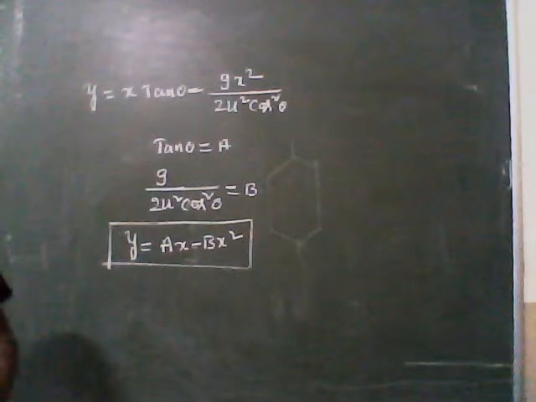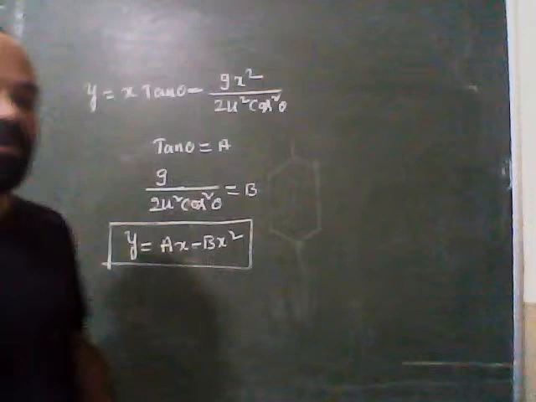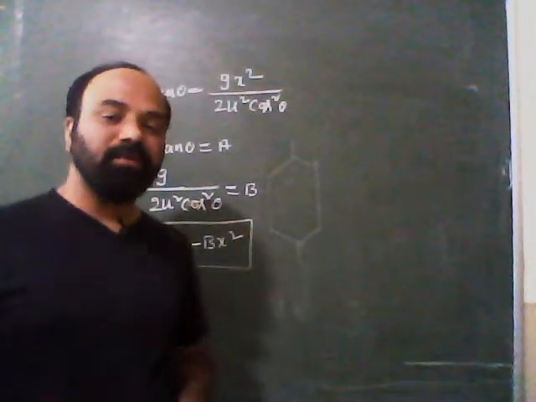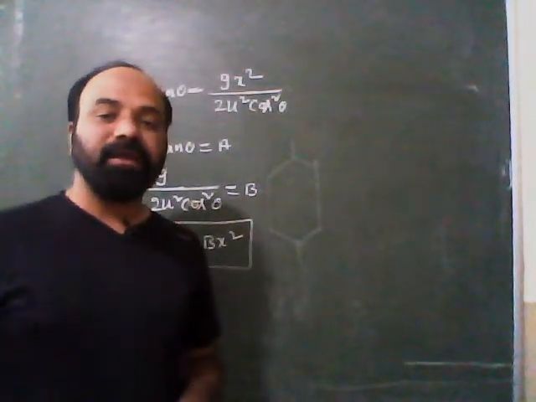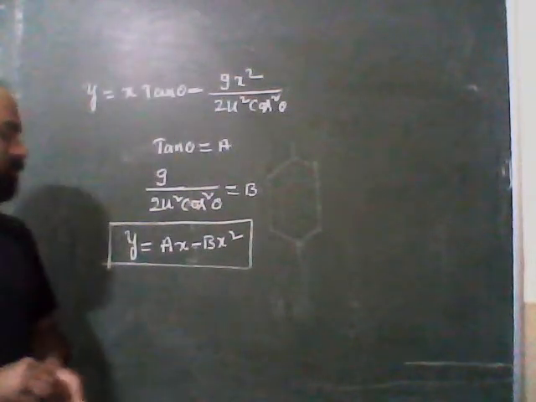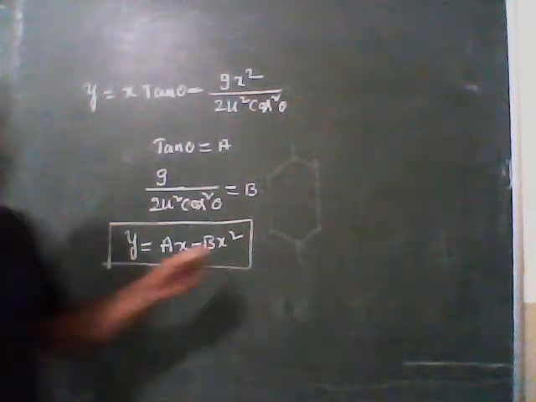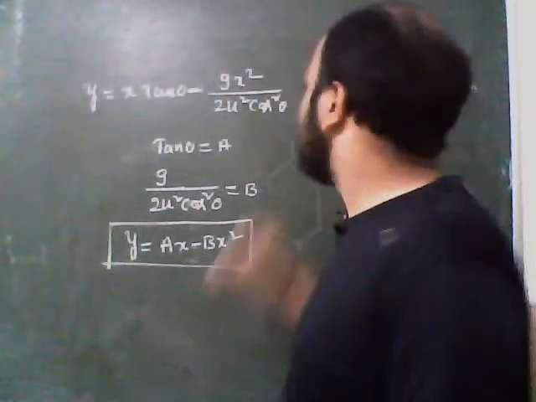And in the last class we derived the relation between the angle of projection tan theta and maximum height: tan theta equals 4h by r. Now see how to modify this equation.